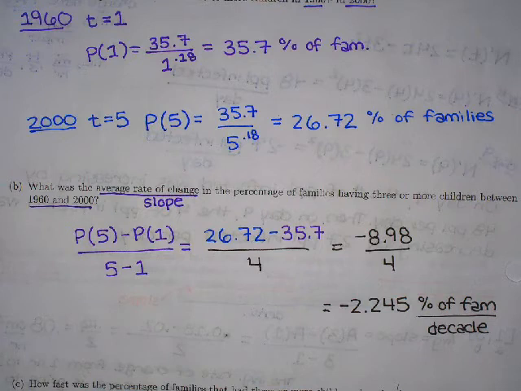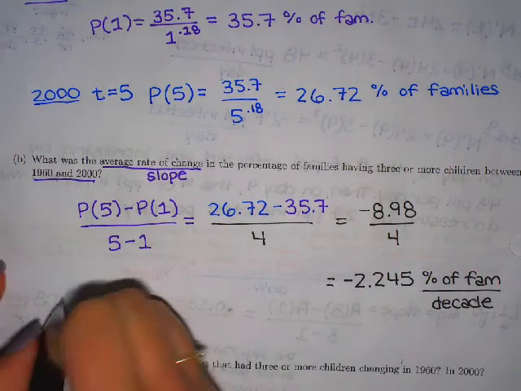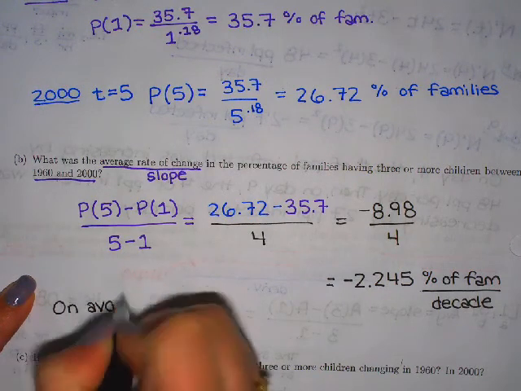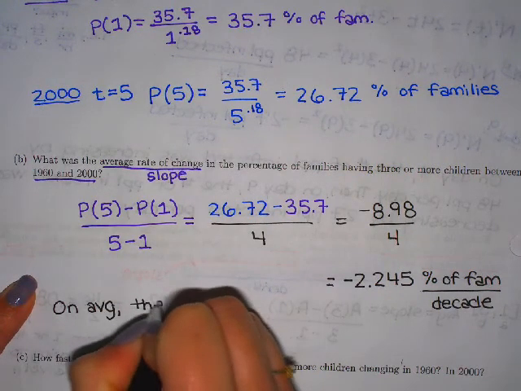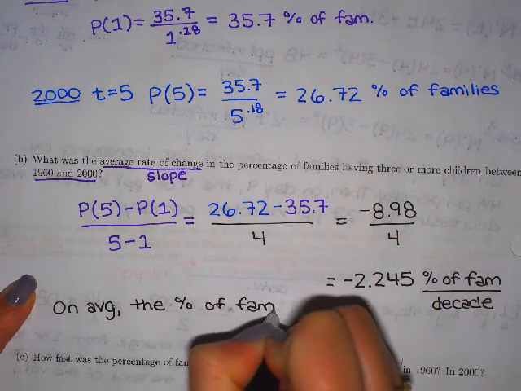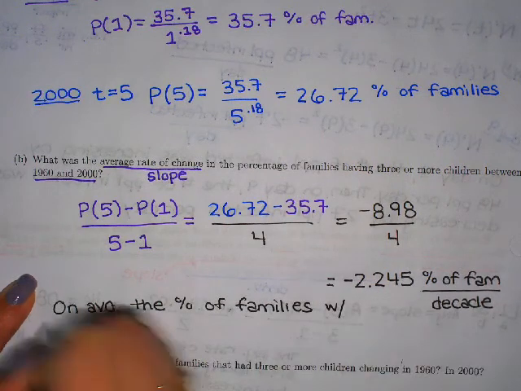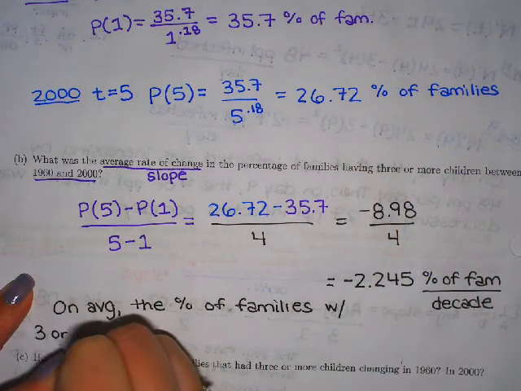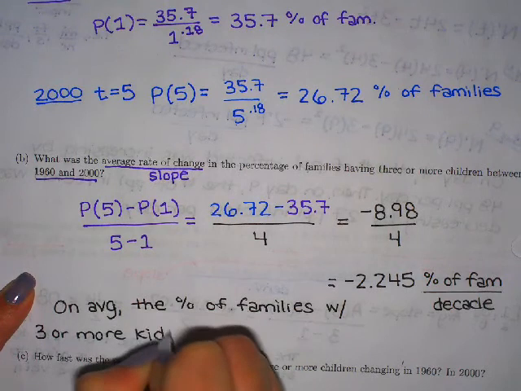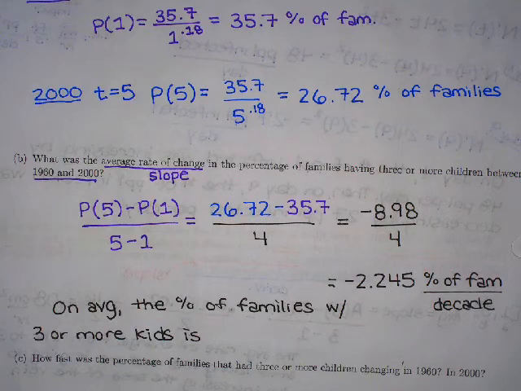So there were negative 2% of families having 3 or more kids? No, it's a rate of change. So how we would interpret this is we would say on average, the percent of families with 3 or more kids is what?